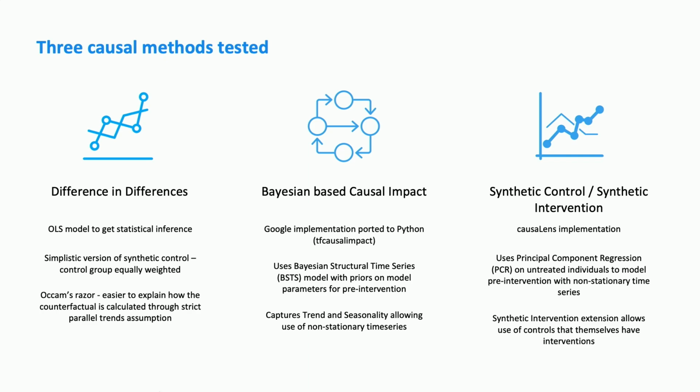And then we tried Bayesian-based Causal Impact. The Google implementation was first pushed out by Kay Brodersen and Google's team, and they have an implementation in R, using Gibbs sampling.